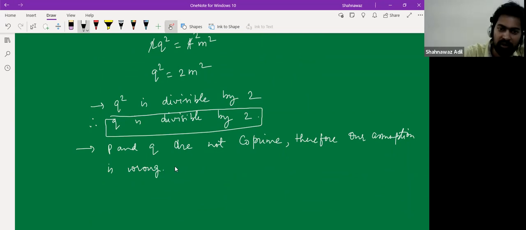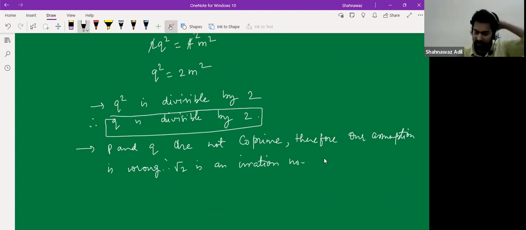So that is why root 2 is an irrational number. Understood? Any doubt? No, sir. Okay.